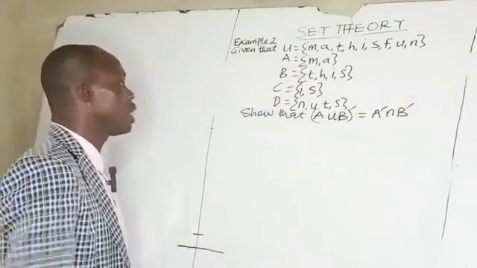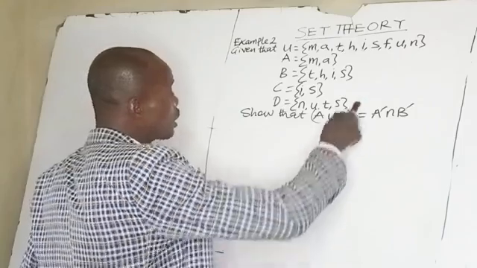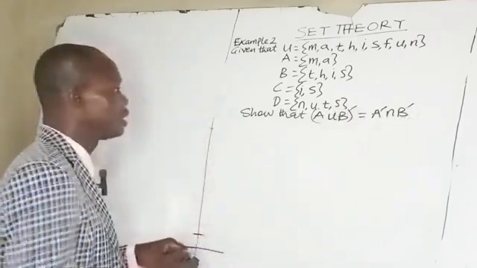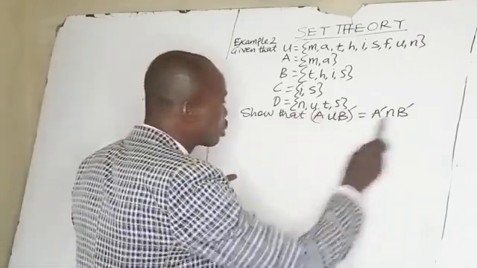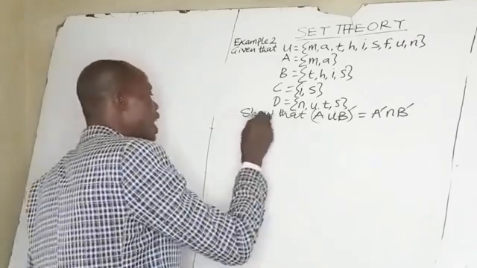You have to show that A union B prime, or A union B complement, equal to A complement intersection B complement. So to solve, you want to prove that this equal to this. Let's have the solution.